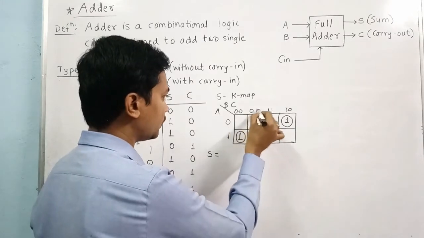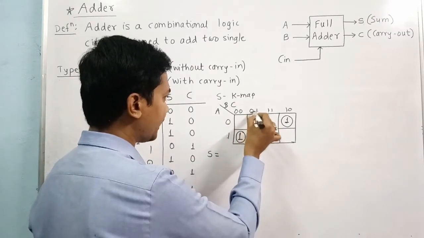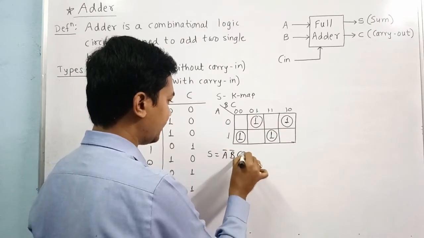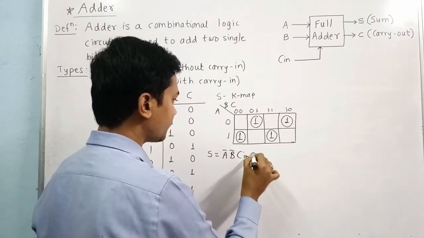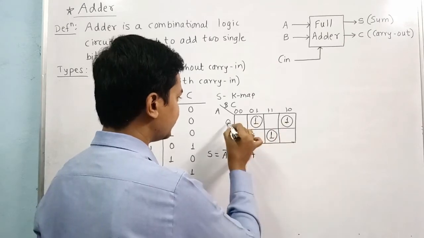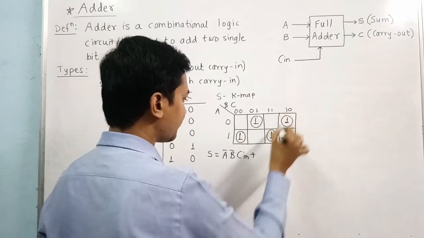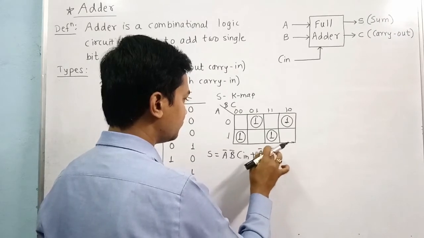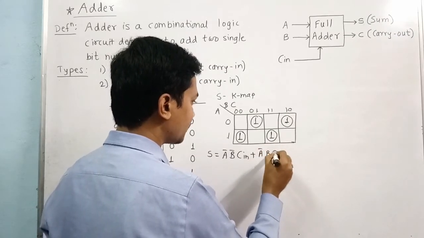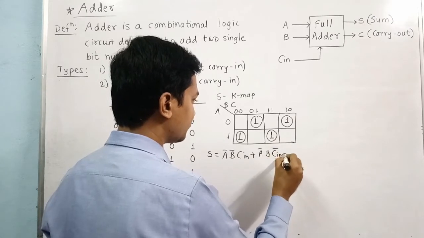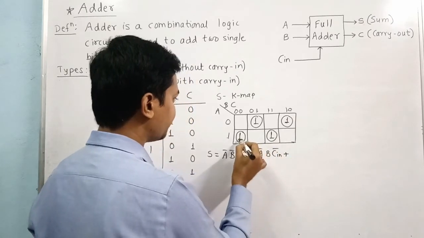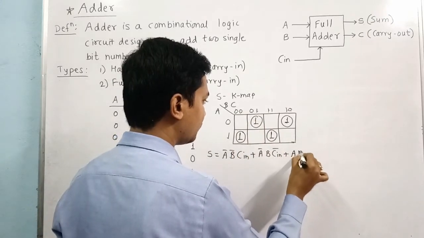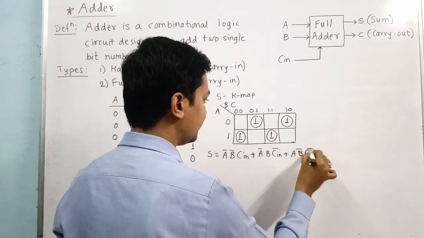So for 0 0 1, A bar, B bar, C in, plus this one is A bar, B, C in bar, plus for this one A, B bar, C in bar.